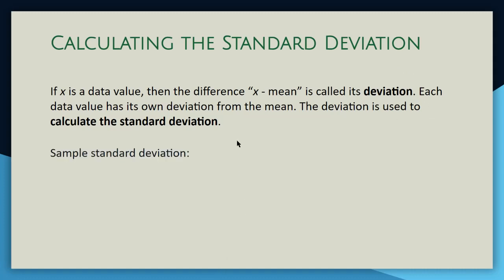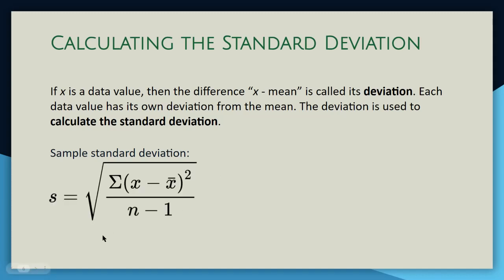The formula for the sample standard deviation is S equals the square root of the sum of the deviation squared divided by the sample size minus 1. So there is some symbology in there. That letter that looks like a broken E is the capital Greek letter sigma.